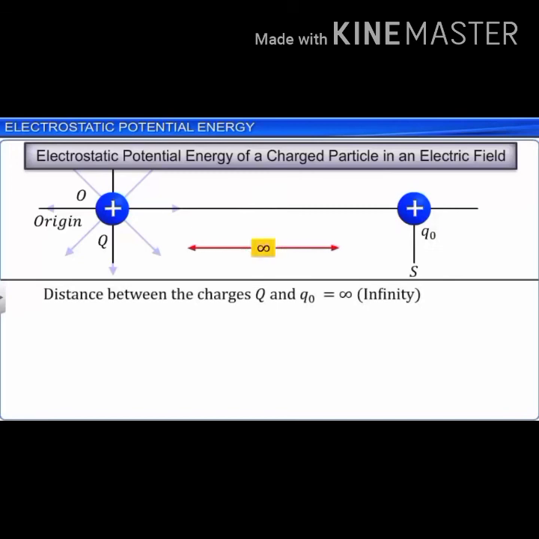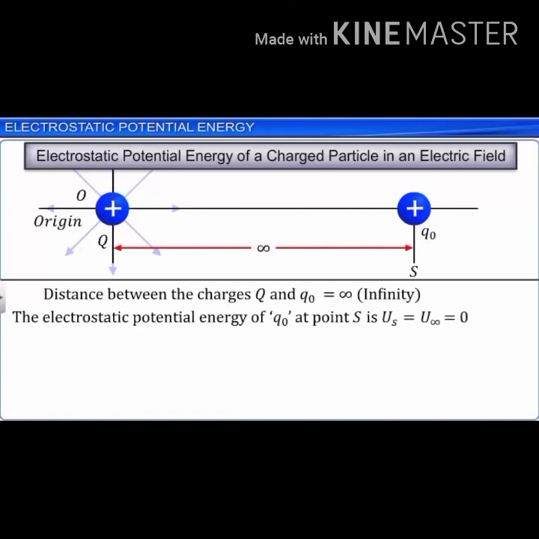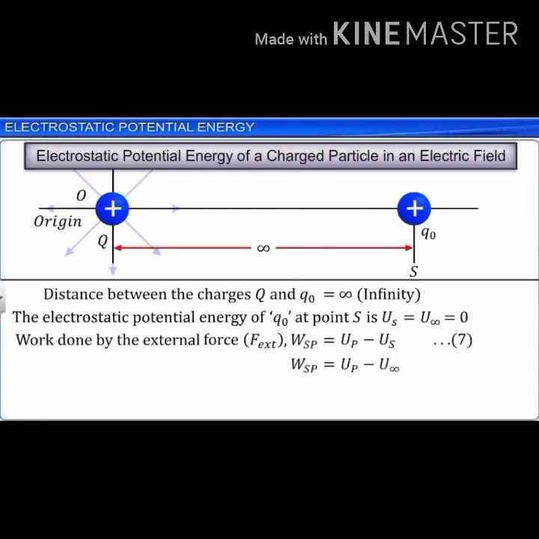If the distance between the charges Q and Q0 is infinity, then the electrostatic potential energy of Q0 at point S, which is US, that is U infinity, will now be 0. So the work done by the external force WSP, which was UP minus US, will now become WSP equal to UP minus U infinity. As U infinity is 0, WSP will be equivalent to UP.